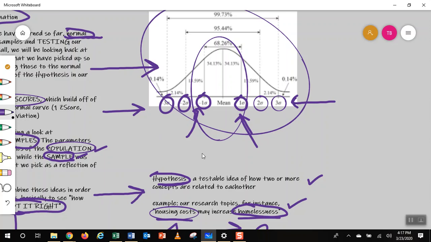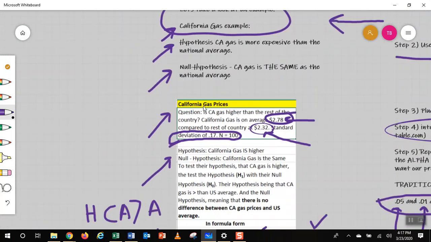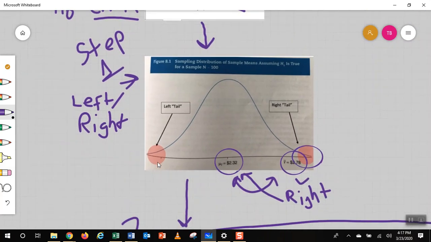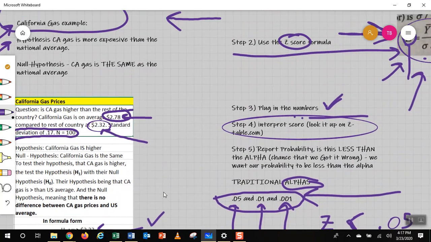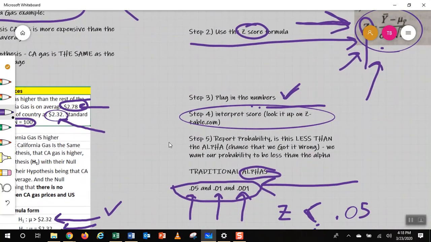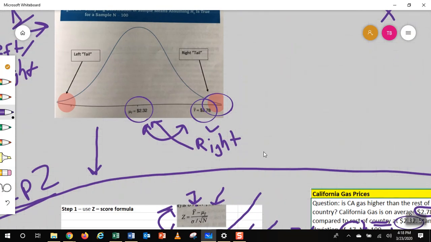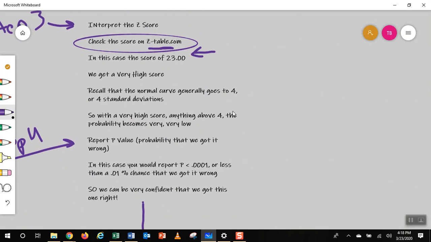So when you get a really big number like this, in this case we got the number of 23. Sorry, let's get up here. Down here, okay, a z-score of 23, very big number. It's a very high score.